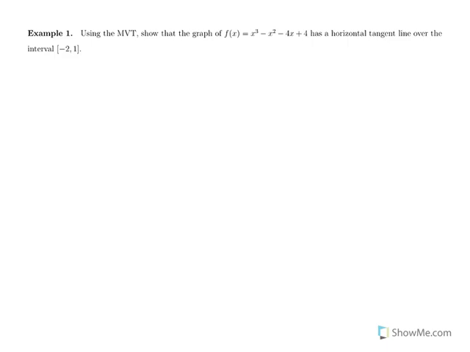If we're going to use the mean value theorem, then this interval is probably going to be our a and b. So let's think about what the slope of the secant line is over that interval.